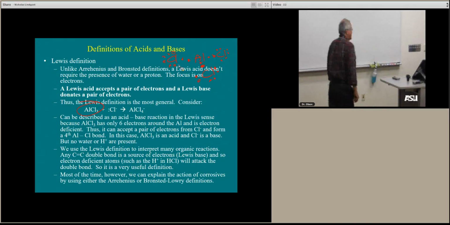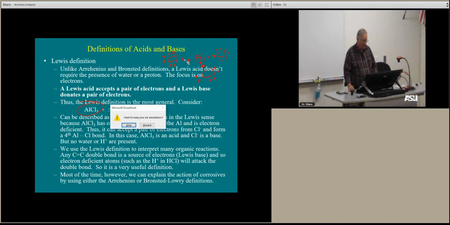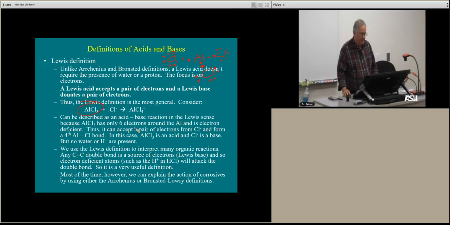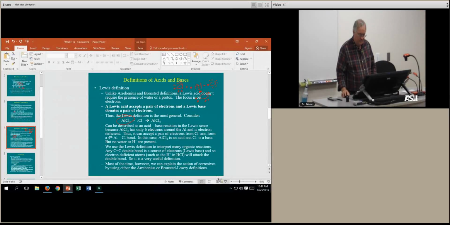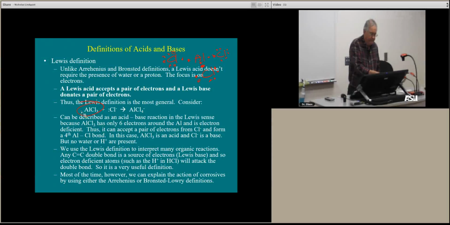So for example, oh, here we go, hold on a minute, just a second. So if we look at this reaction down here, just a second. My eraser's not working.